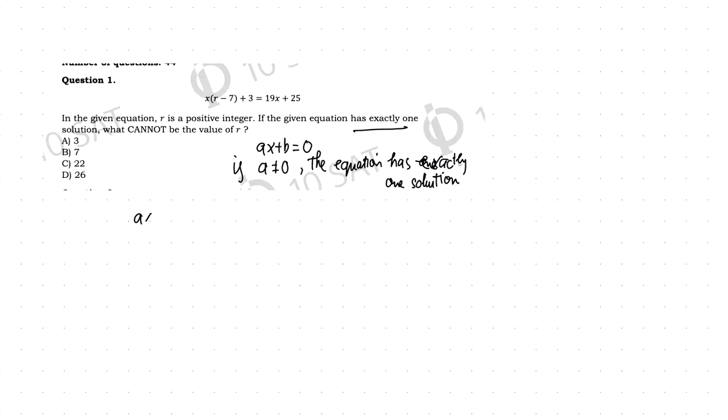You need to identify the coefficient of the x. First, you need to transform it to our basic form. The basic form is ax plus b equals 0.